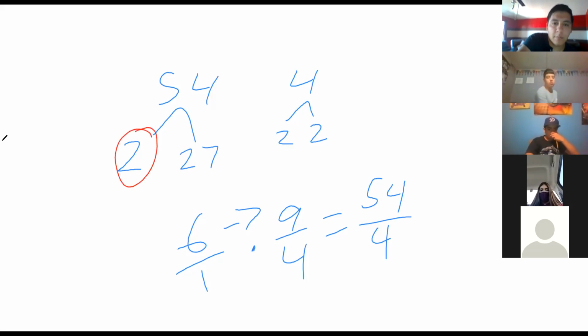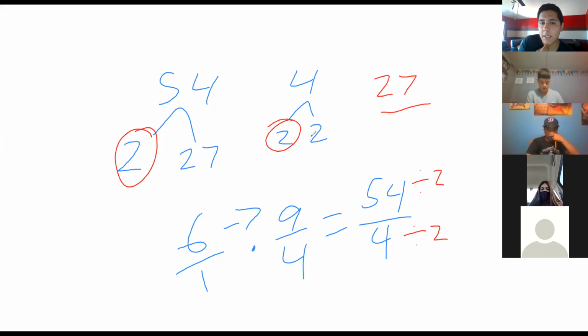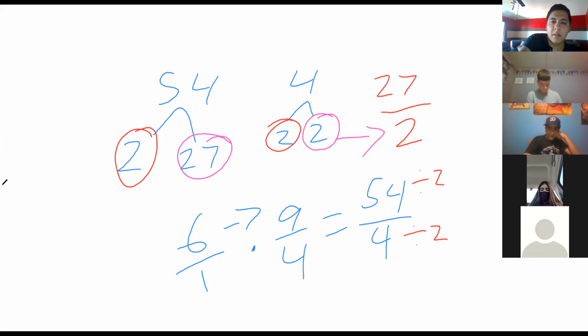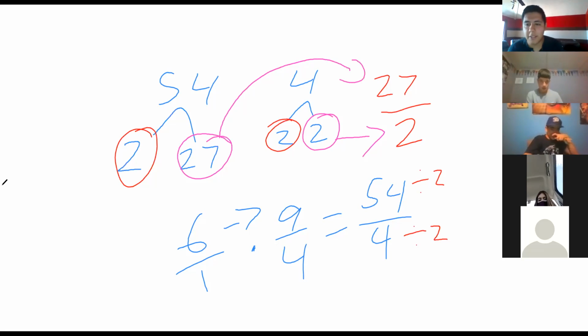So we can divide both of these by 2. 54 divided by 2 is 27, and 4 divided by 2 is 2. Now, what are we left over with here? So that's an easier example, but as you can see, it works pretty well. You see what you're left over with, and that's your reduced fraction.